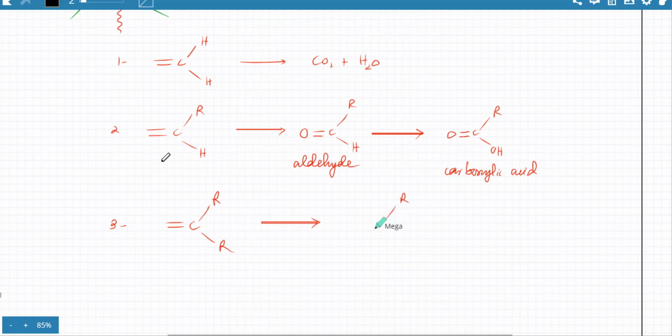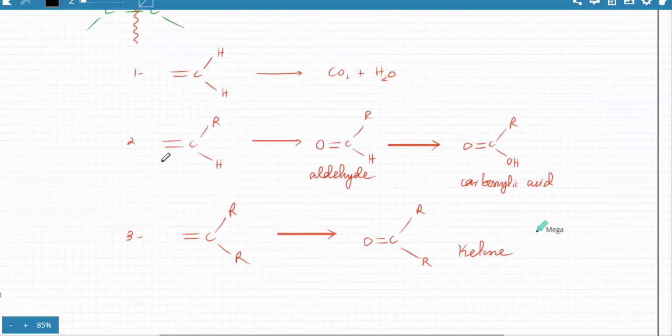So it would be double bond O, with R on this side and R on that side, and that would be a ketone. So ketone would be formed. So there are three completely separate scenarios.